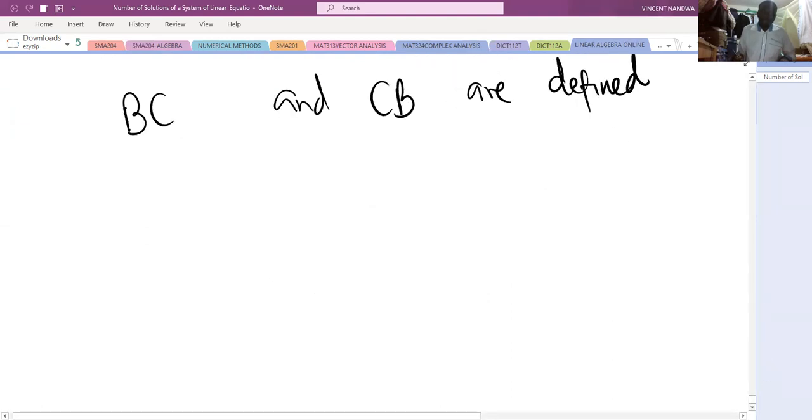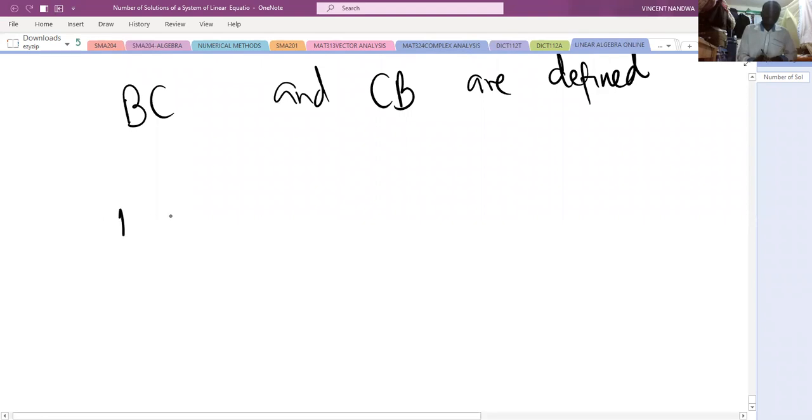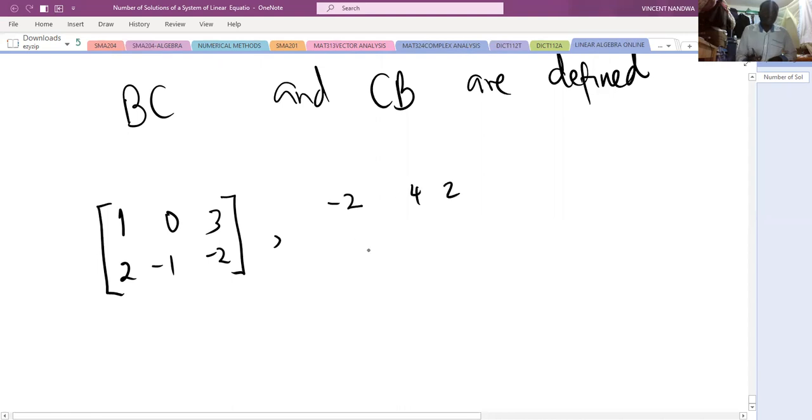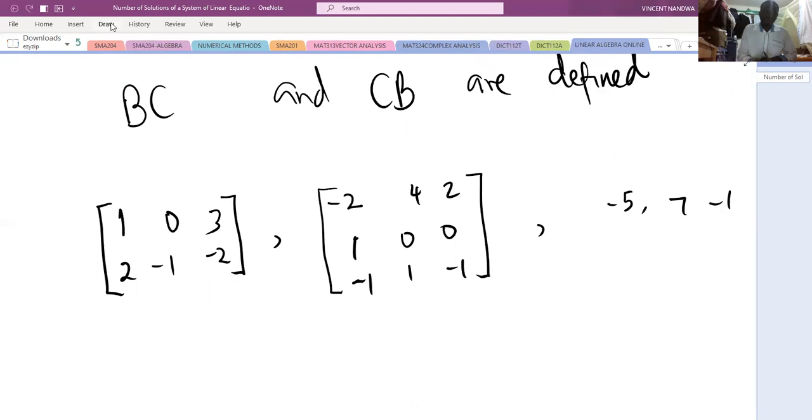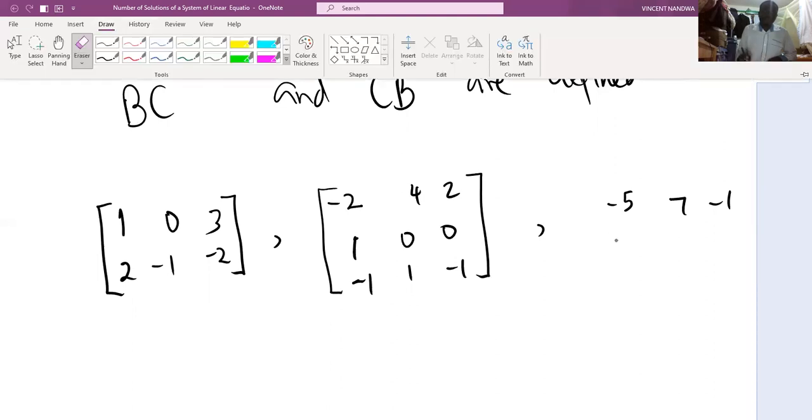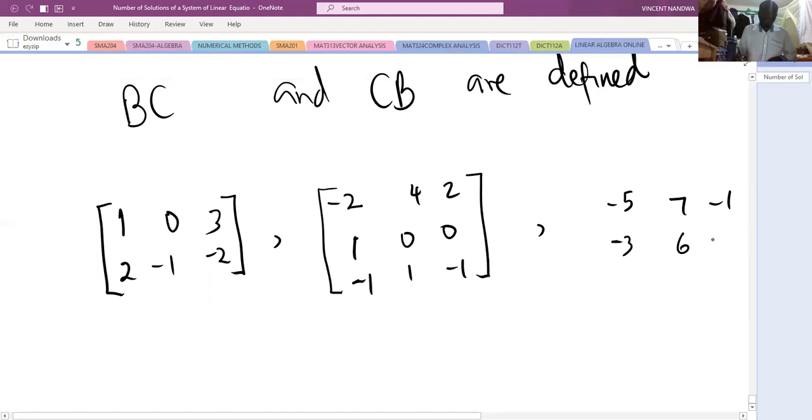So if I have a matrix 1, 0, 3, and 2, -1, -2, and then I have a matrix -2, 4, 2, and 1, 0, 0, and -1, 1, -1, and then -5, 7, -1, and then -3, 6, 6.